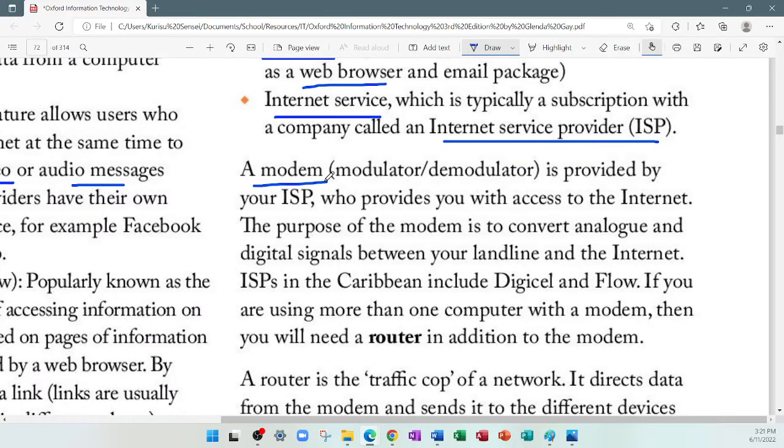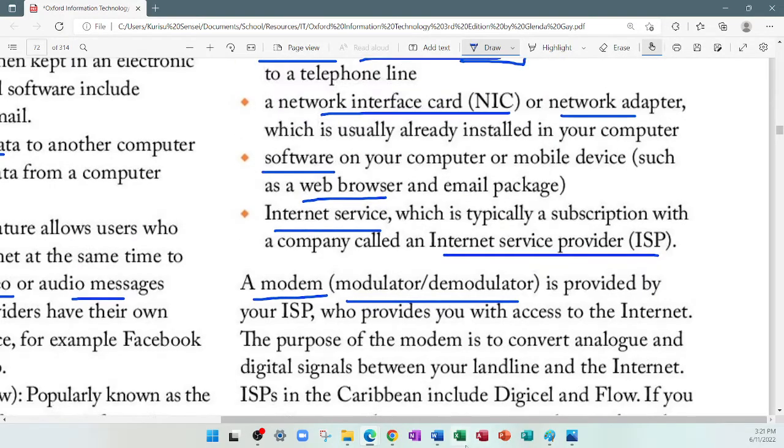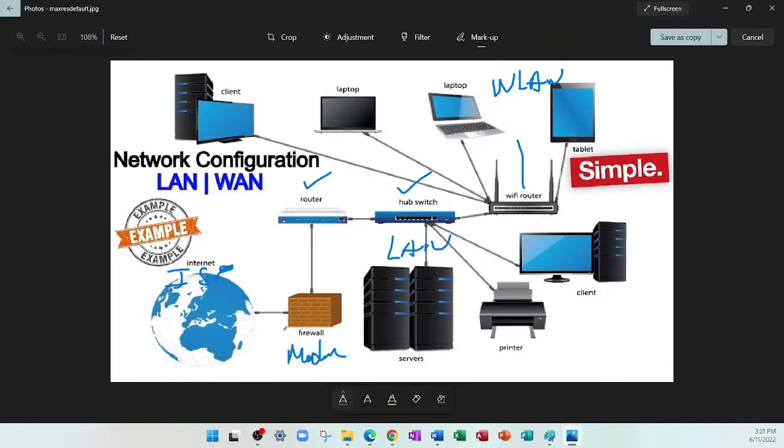Now, what is a modem? A modem is a coined word for modulator, demodulator. The signal that is coming from your telephone line, so this signal here, is an analog signal. And we should know that a computer is a digital device.